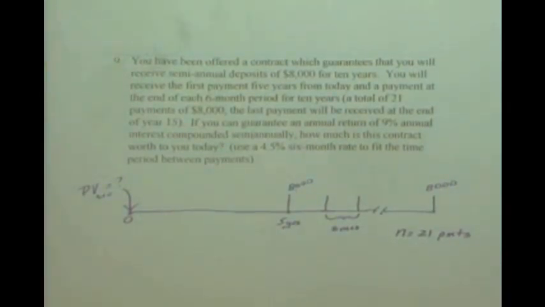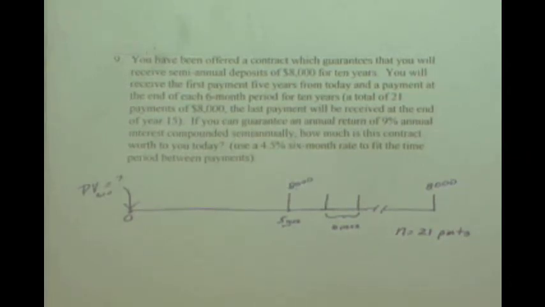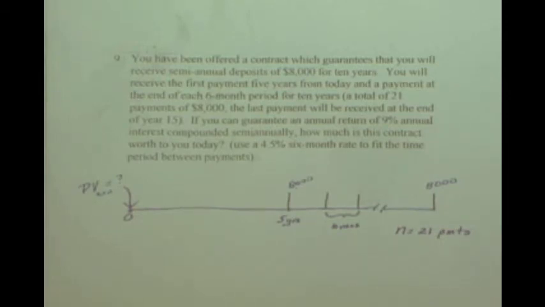This is a very similar question. This time, you're going to receive your 21 $8,000 deposits. This is exactly like the question before it, but the first payment comes in at the end of the 5th year. So this is also similar to one we've done before.